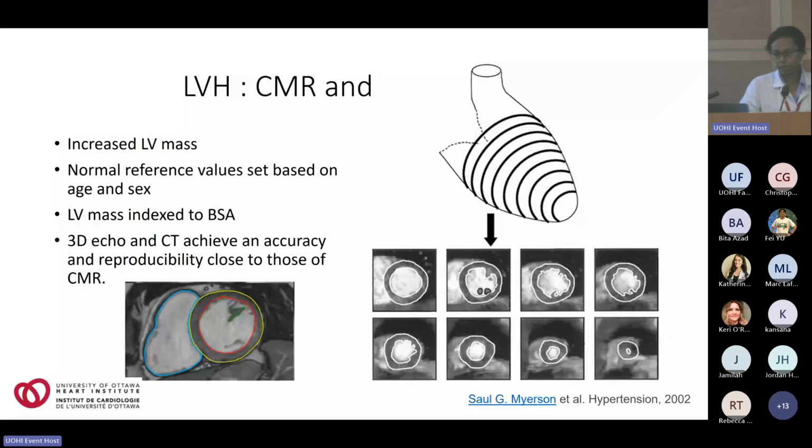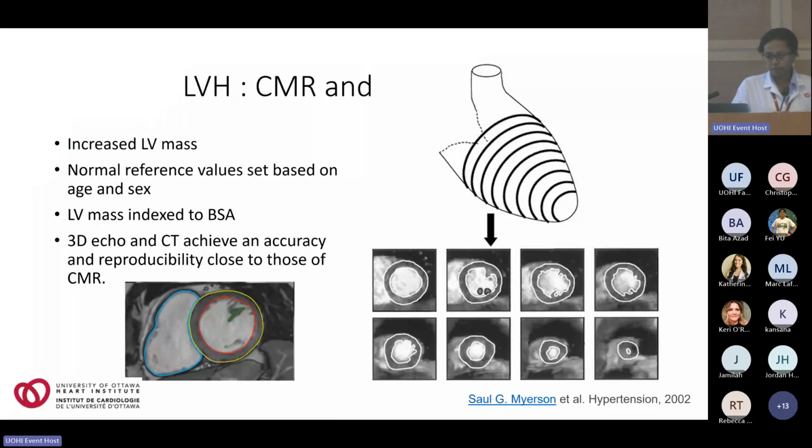So the other modalities that we can use could be cardiac MRI or CT, and MR is considered gold standard both in quantifying chamber size, function, as well as LV mass. But 3D echo and CT have also been shown to be comparable in assessing LV mass. So the 3D techniques don't make these geometric assumptions and therefore allow us to make an accurate estimation.